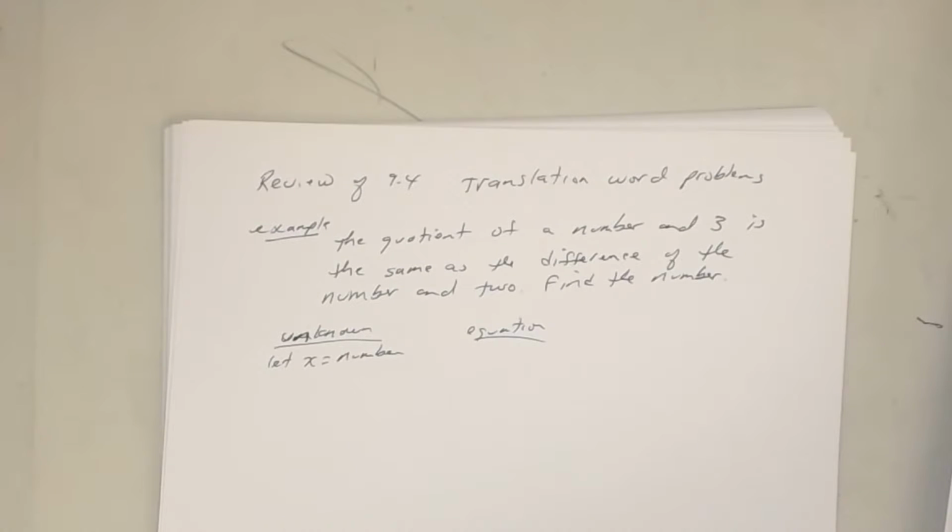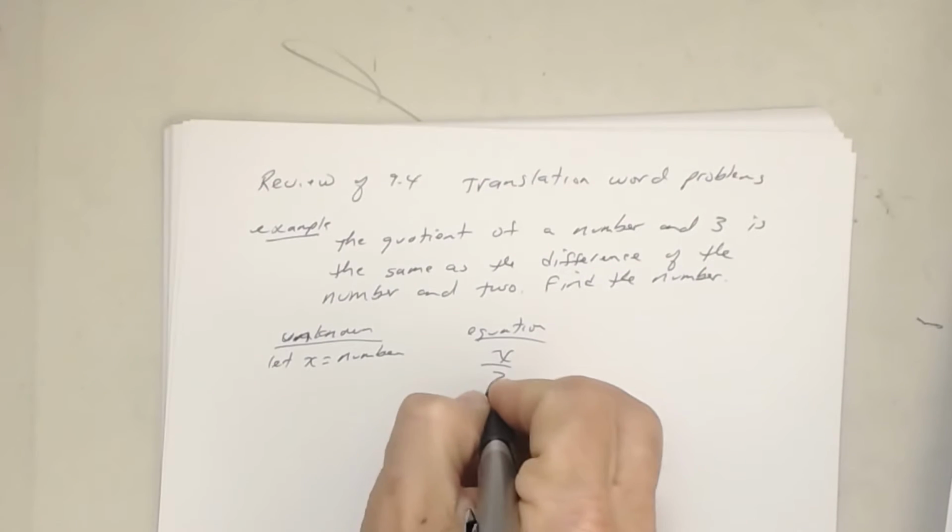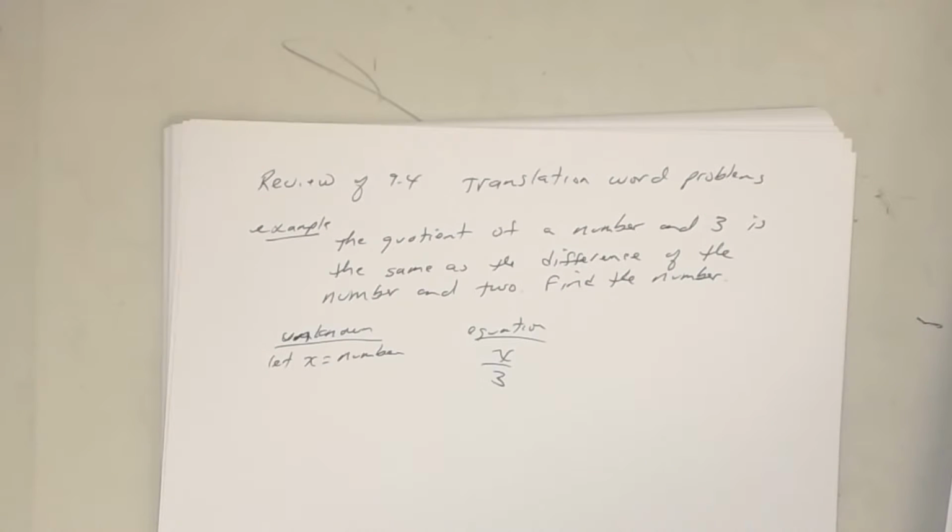What's listed first? The number. What's listed second? 3. So the first thing listed is the numerator, the second thing listed is the denominator. So that first expression, let's use x, is x over 3. That is the quotient of a number and 3.